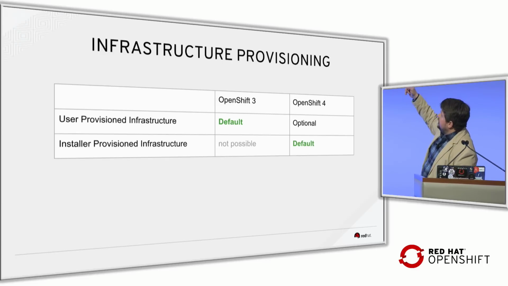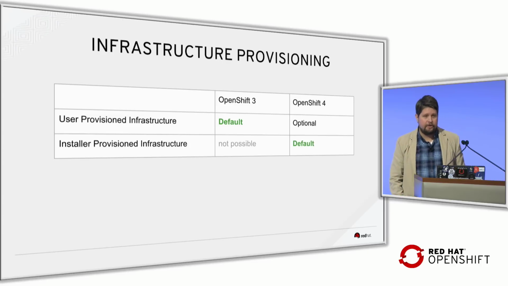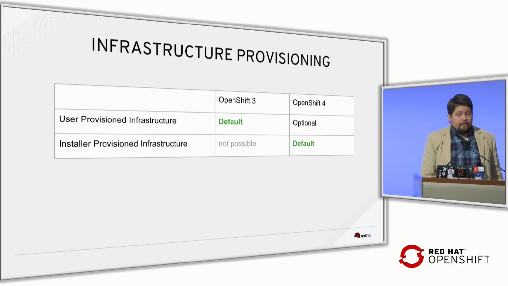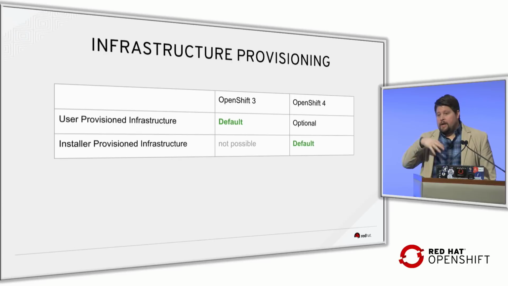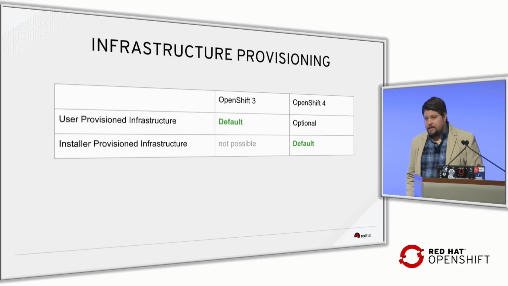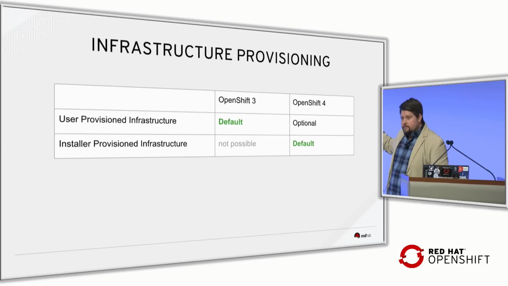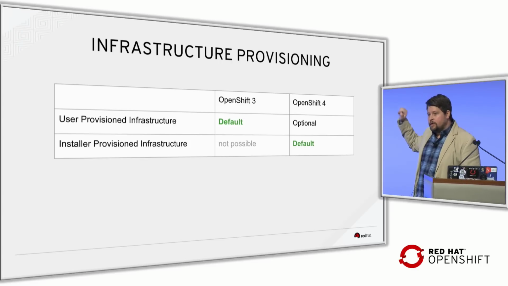Now you can see here it says default, and we still have the option for the user provisioned. So we also understand that there may be some customers that buy third-party stuff that's really funky, that have maybe taken the RHEL operating system and now it's their own operating system over the last decade of changes. You can still use your RHEL. You can still use your RHEL 7, your RHEL 8.